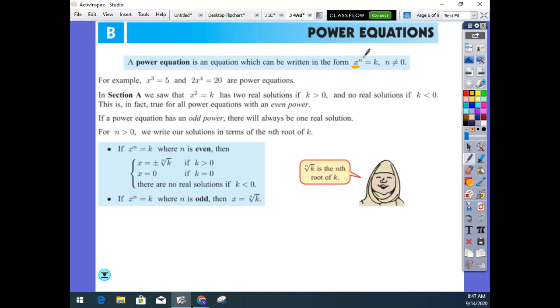To counteract all power x's, you just take the root of the power. If it is even, we follow the same rules as squares. If it is odd, it's just that root. There is no plus or minus. It's either going to be a positive number or a negative number. It will not be both. You only need the plus or minus if it is even.